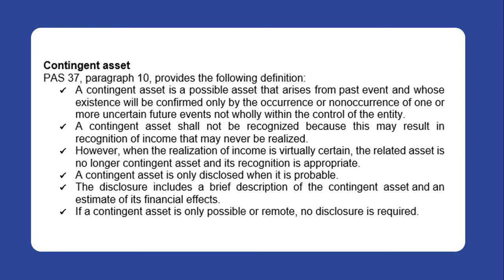So, the information that needs to be disclosed for a probable contingent asset includes a brief description of the contingent asset and an estimate of its financial effects. Again, if a contingent asset is possible or remote, there is no disclosure required. Okay?